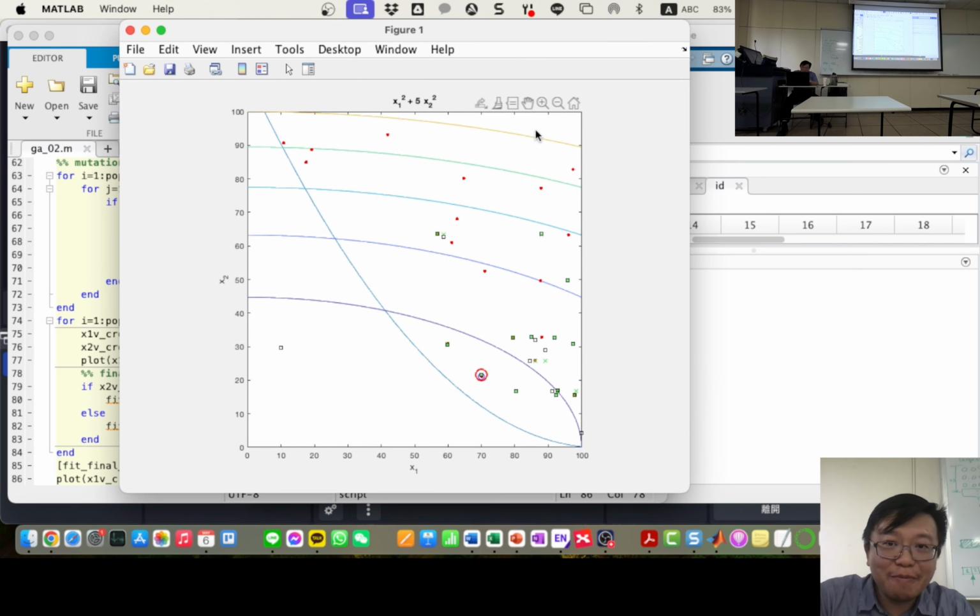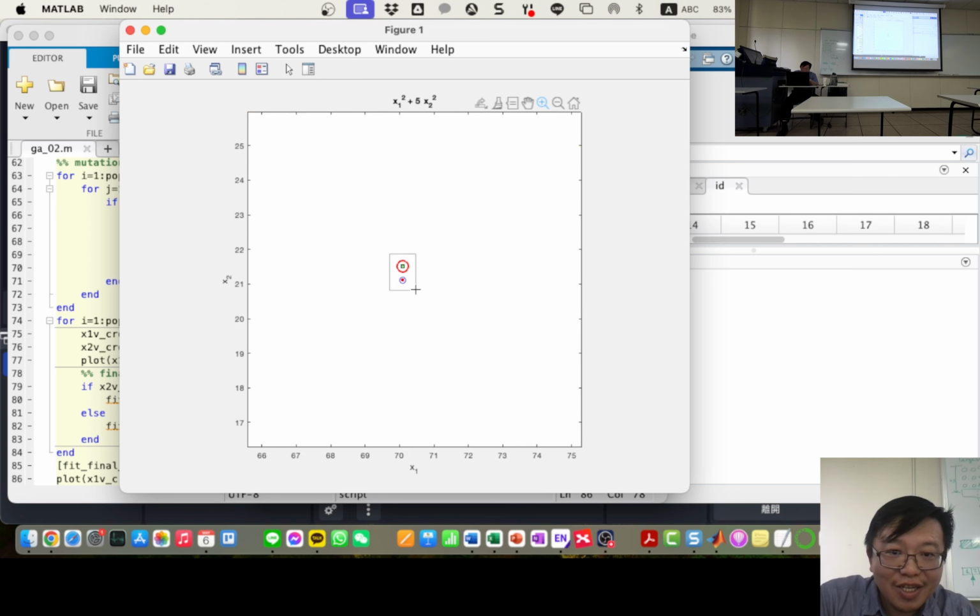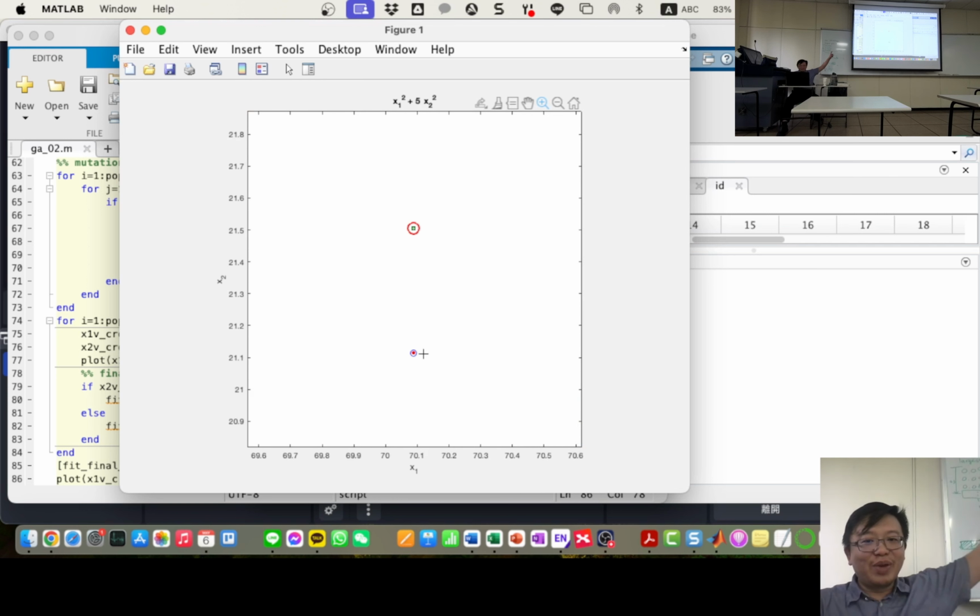So actually, if you observe, at the beginning we generate a red one, and that was the blue circle means it was the overall best. But out of crossover and mutation, it jumps to here, so that becomes necessarily a worse one.